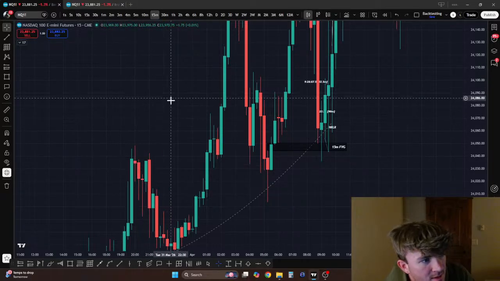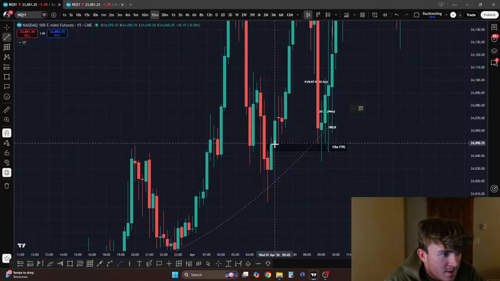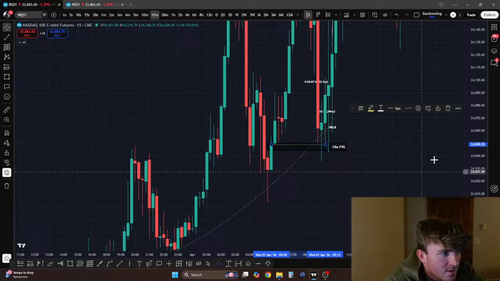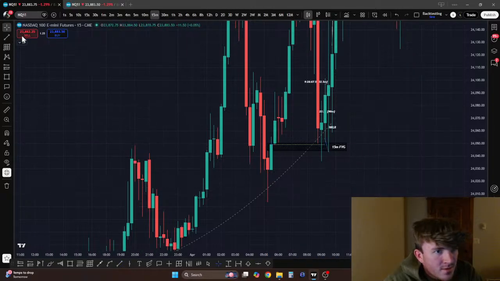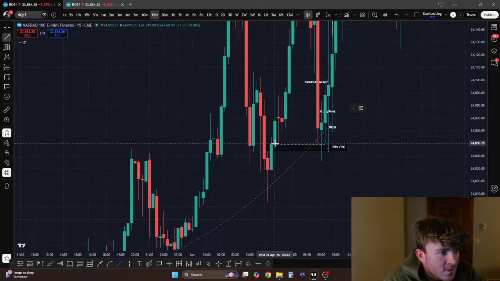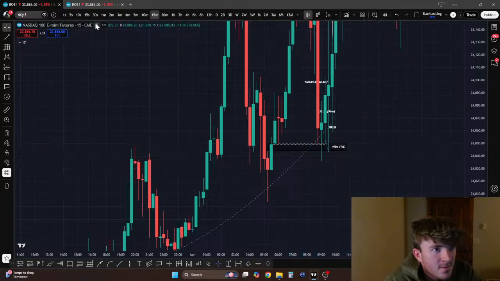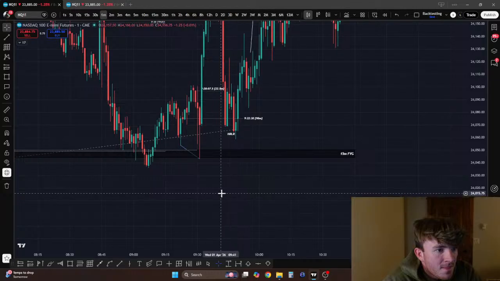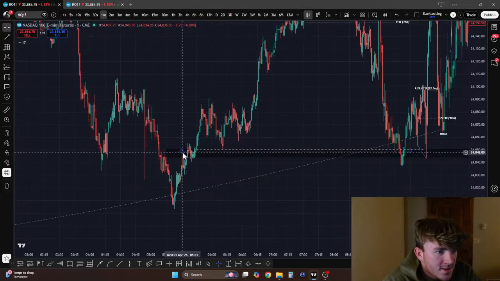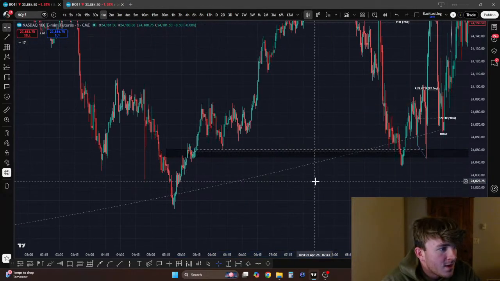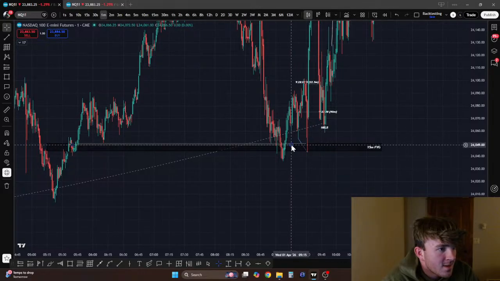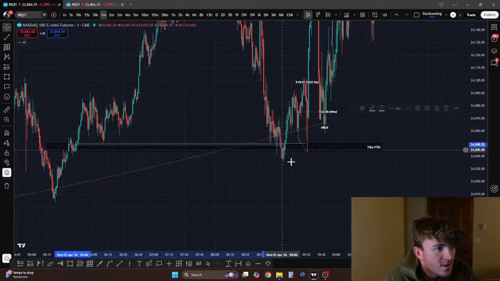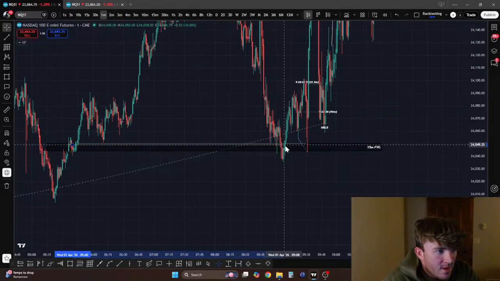Okay, well, I don't know what is going on with my computer, but okay. Anyway, volume imbalance here, so I guess we'll mark this out as well. And then drop down to a 1-minute chart. And so basically, with all of this in mind, this is a 15-minute fair value gap.